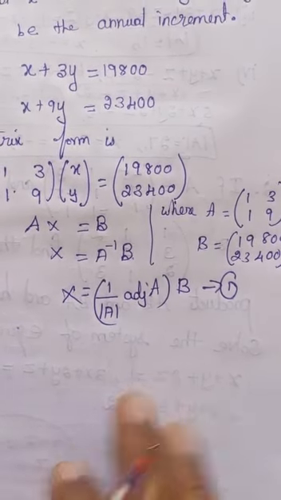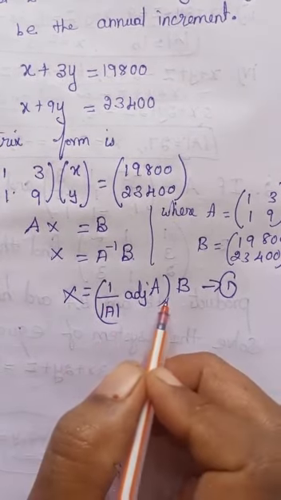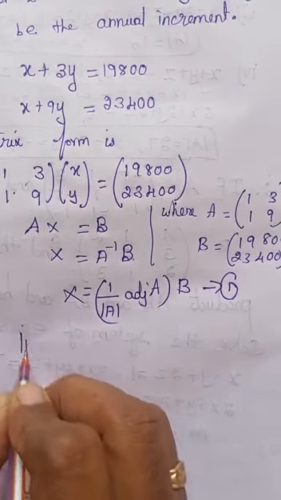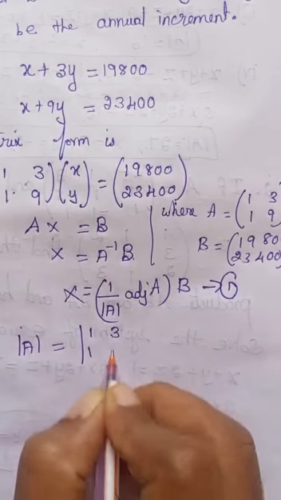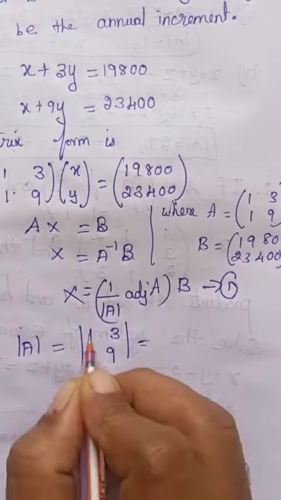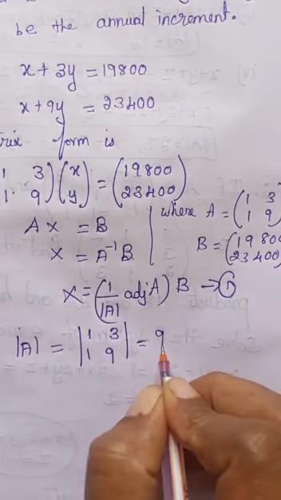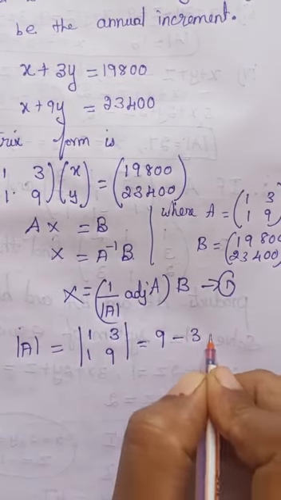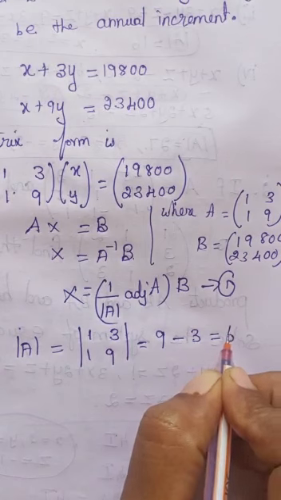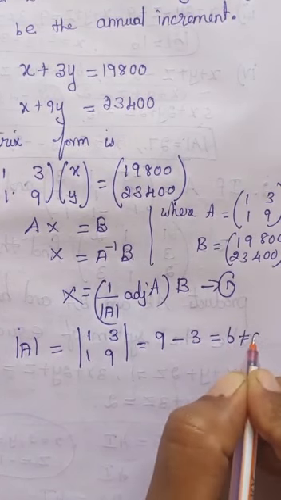Now, shall we simplify it? We have to find determinant A and adj A. Determinant A is equal to the determinant of 1, 3, 1, 9. So 1 into 9 minus 1 into 3: 9 minus 3 is equal to 6, which is not equal to 0.